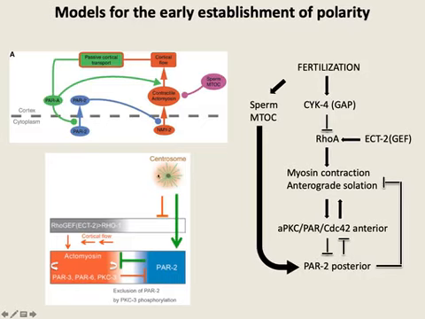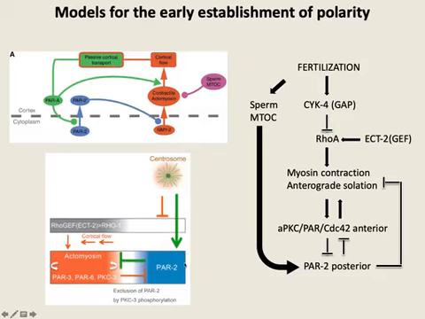Okay, so these other cartoons are essentially trying to illustrate that. Especially this one is probably the clearer, right? So you have this negative effect on RhoA activity, which has a positive effect on positioning PAR, so moving it anteriorly. And at the same time, the centrosome helps position PAR2, which also antagonizes the positioning of the PAR complex.